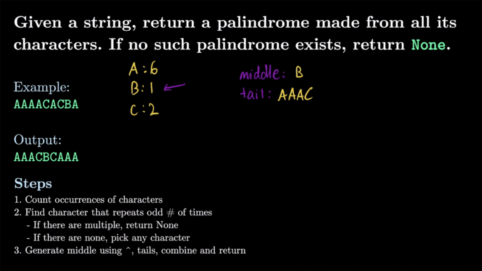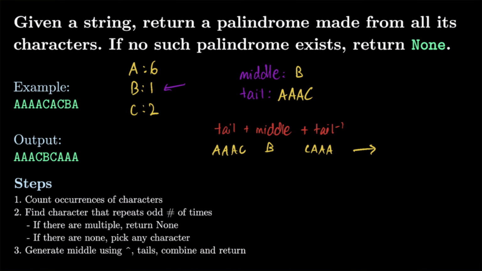Now the final step is to combine this and return it. The way we'll combine it is it's going to look something like tail plus middle plus tail, and I'm just going to put a -1 to indicate that this is the backwards tail. So that'll essentially be A, C, and then B. And then we're just going to flip the tail, so that'll become C, A, and we return that.